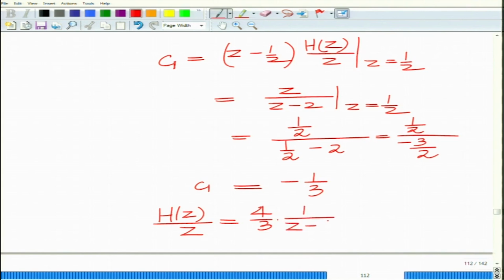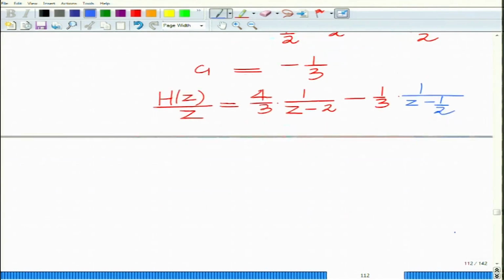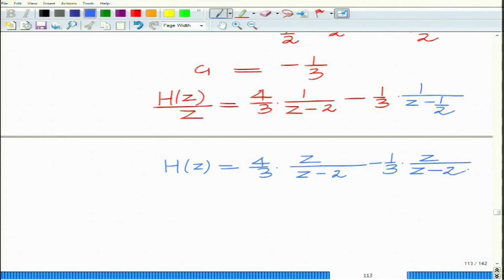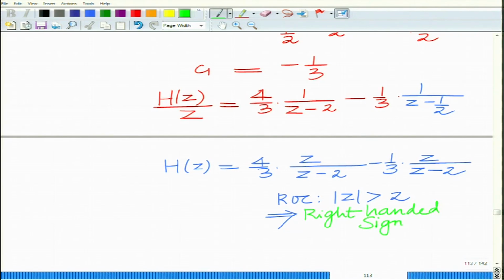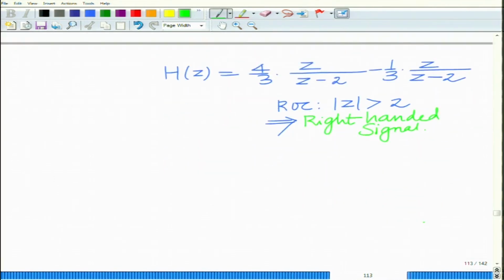And therefore, what we have is H(z) over z equals 4 over 3 times 1 over z minus 2 minus 1 over 3 times 1 over z minus half, and therefore, H(z) itself equals 4 over 3 into z over z minus 2 minus 1 over 3 into z over z minus half, and we have the ROC magnitude z greater than 2, which implies this is causal, of course, a right handed signal.